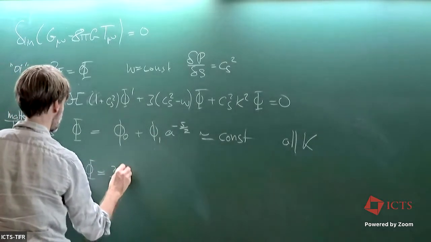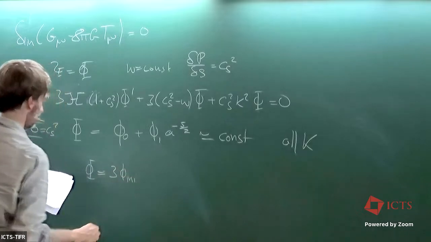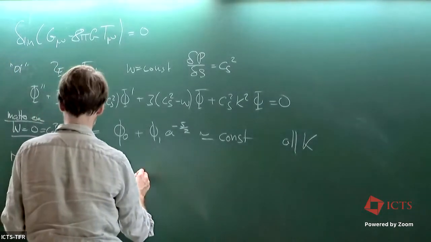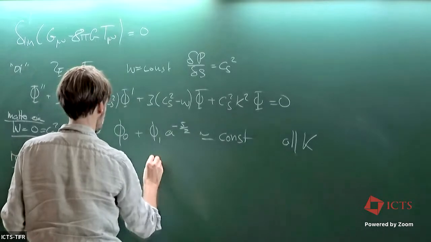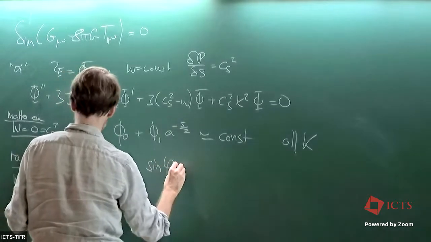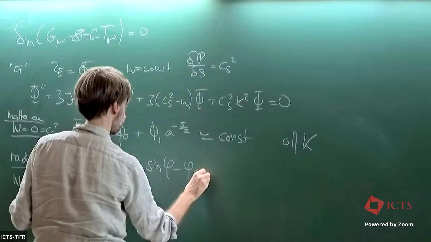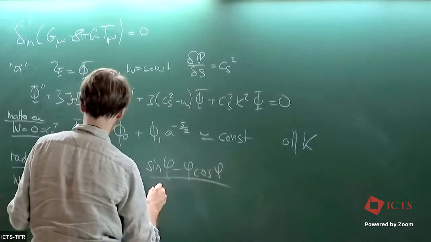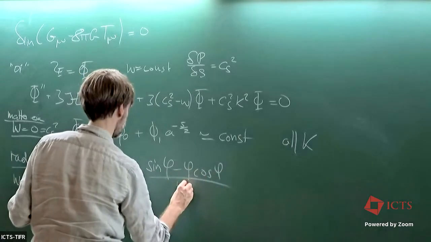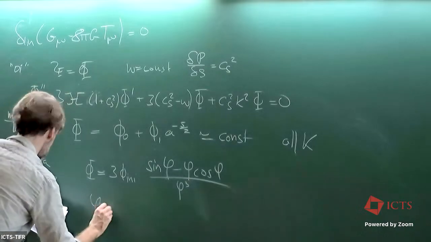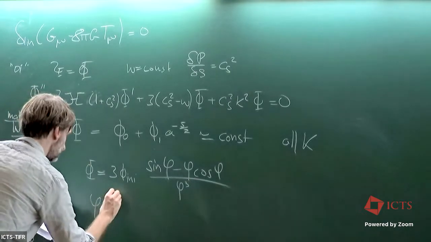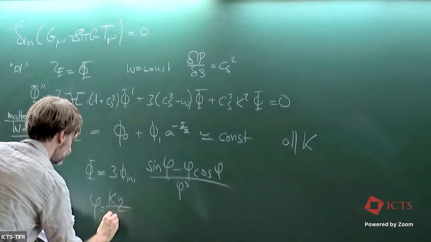For some reason, I put this conventional factor of 3 here, but it's sine phi minus phi cosine phi divided by phi cubed, where phi is k eta over root 3.